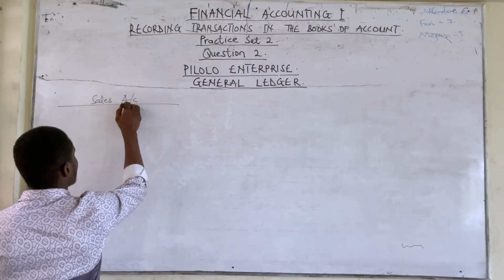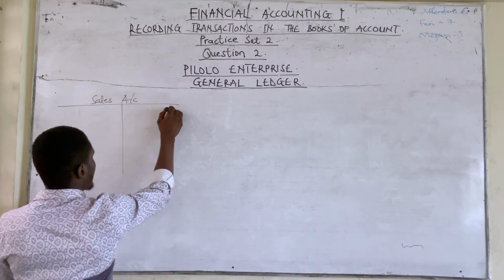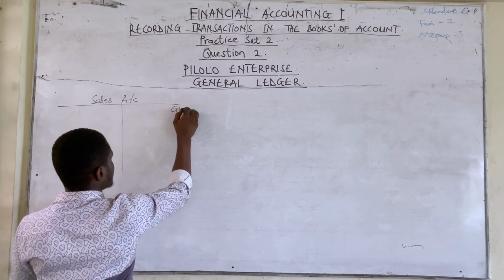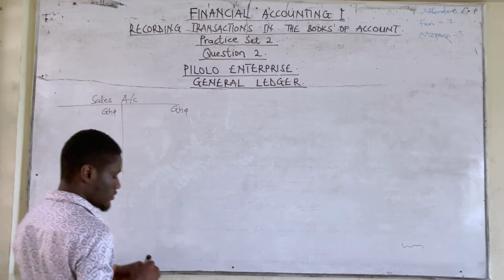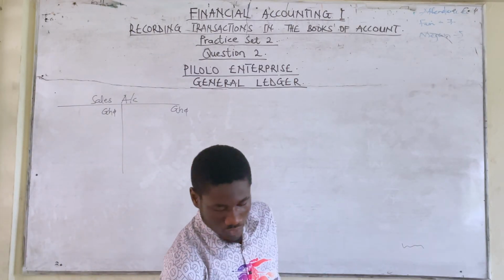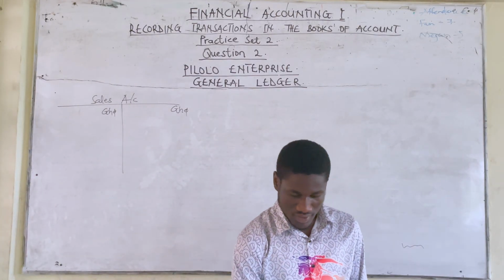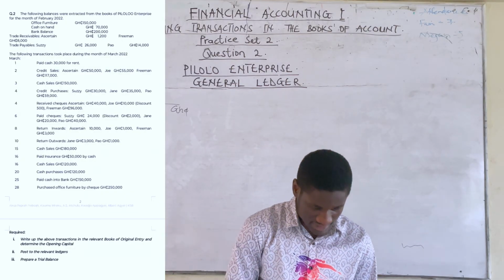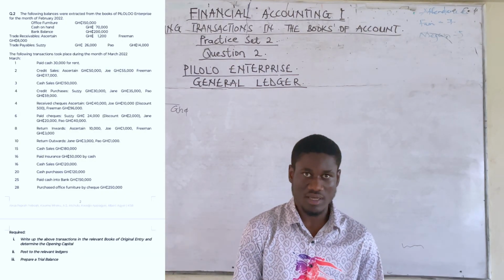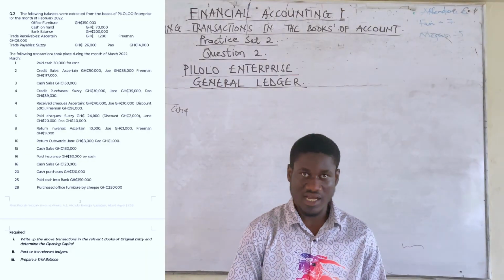Here, I have my Ghana cedis. Good. So now I'll look for the sales transaction. Okay. So when I come to March 3rd, I could see that there was some sales transaction there, cash sales.